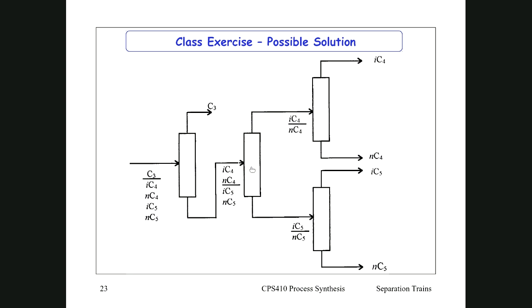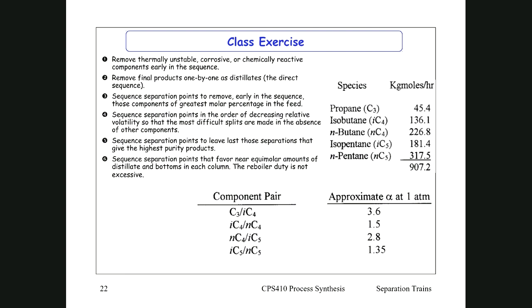And then finally, the last 2 separations that are left are going to be the most difficult separations. So I'll just go back to our problem, and there we've got 1.35 and 1.5, the 2 most difficult separations we're doing last. And that is heuristic number 4, so that the most difficult splits are made in the absence of other components.